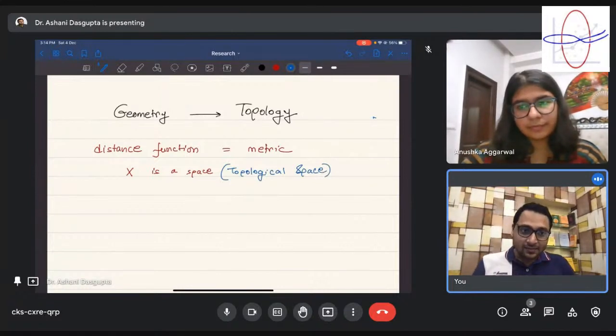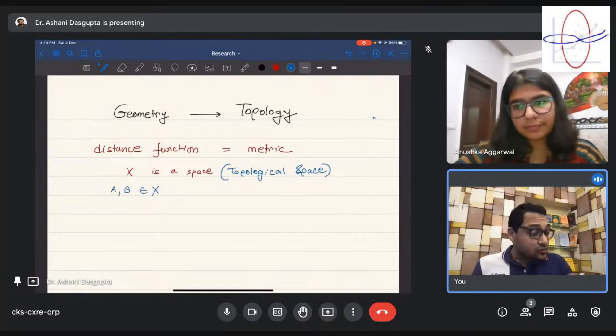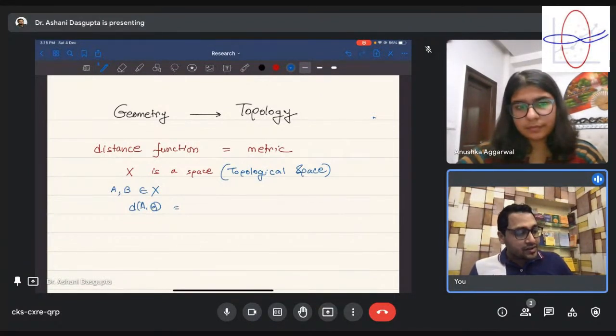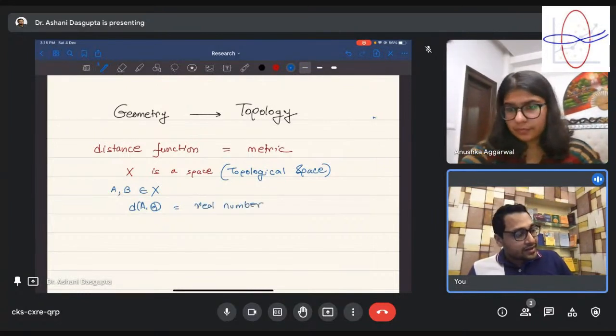If you take any 2 points in the space, then you can compute something called the distance between those 2 points. And there is a formula to actually calculate the distance, whatever your favorite formula is, and that will give you a non-negative real number.